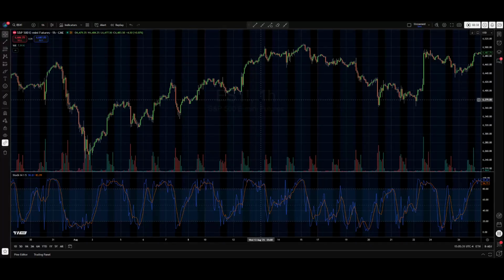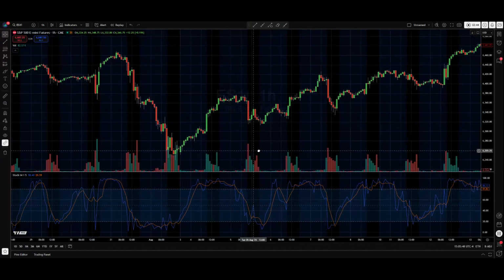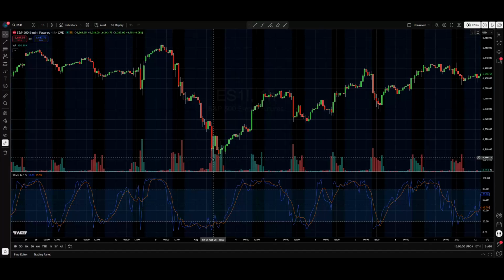Now, you can look for divergences between the underlying price itself and the stochastic model to signal potential reversals as well. For example, if we zoom in over here, we can see that price started to make a second bottom here with a lower low, but you will note that the low here in the stochastic model and here are about the same, and yet in the price for the ES futures, it's a lower low.